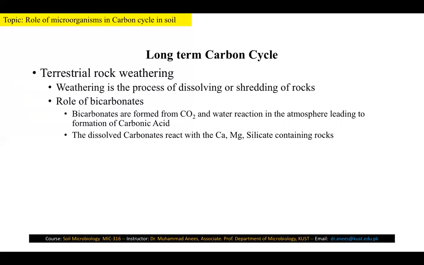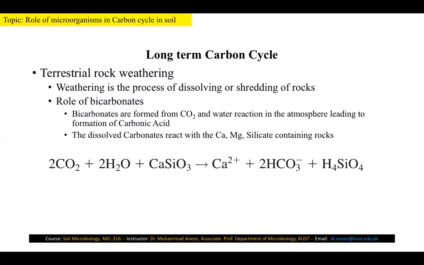to soil, it reacts with different rocks containing calcium, magnesium, and silicate, and this process leads to the formation of bicarbonates and weathering of rocks.